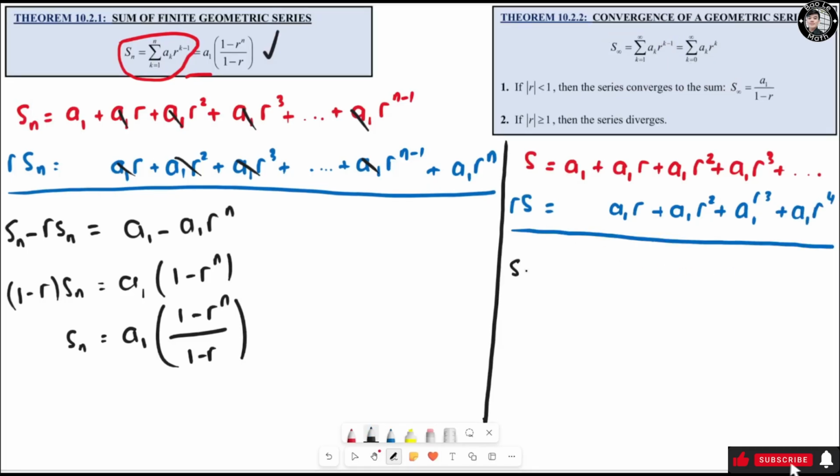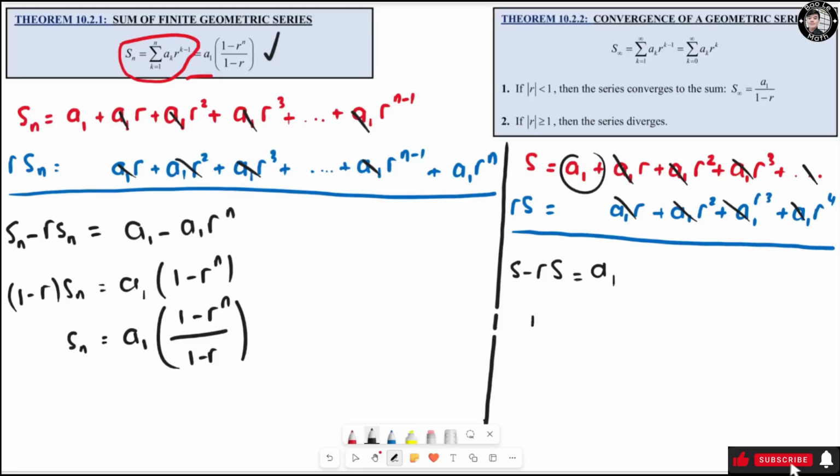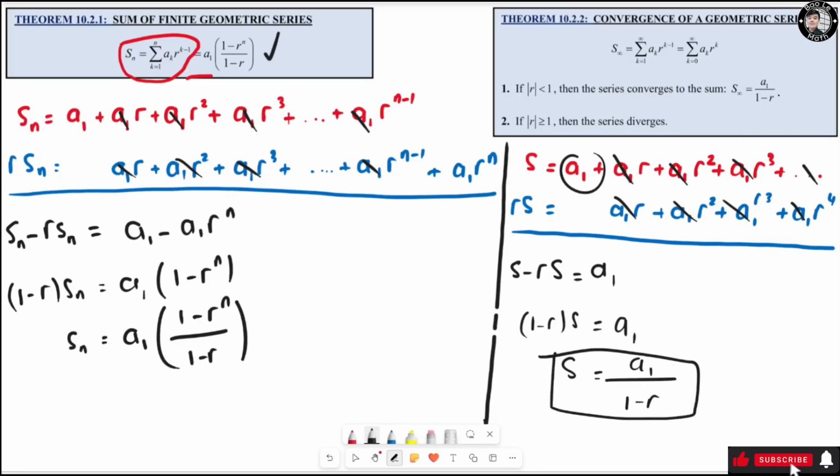S subtract r S, the middle terms cancel out, so you're going to end up with a1. That's it. Now you factor S out, so you have 1 minus r times S equals a1. Then divide both sides by 1 minus r, so S equals a1 over 1 minus r. So this one has been proved.